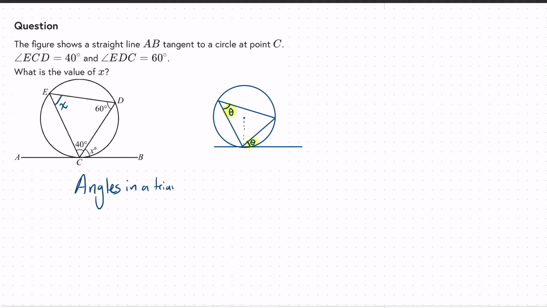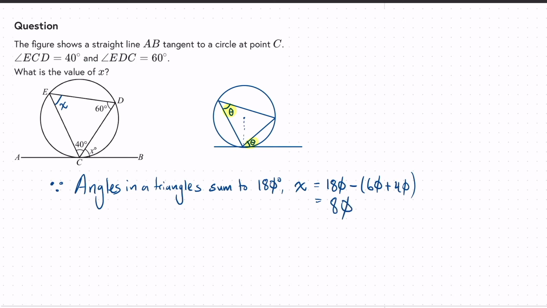and you always want to do this with geometry problems, write down your reasoning. So because angles in a triangle sum to 180 degrees, X is equal to 180 minus (60 plus 40), which is equal to 80.